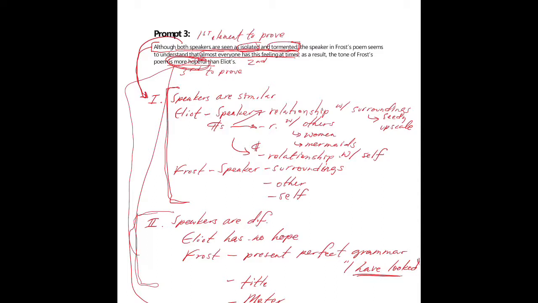All right, so that, again, is the third section. Maybe there's not as much there. Maybe you look at Eliot as not hopeful, and then Frost, maybe Frost, more hopeful tone.